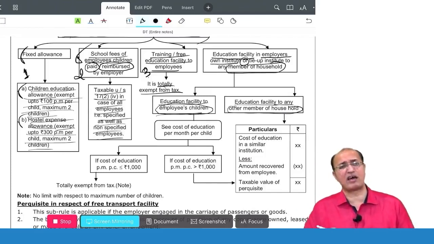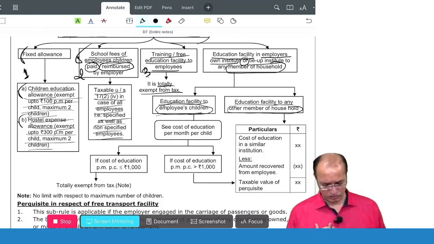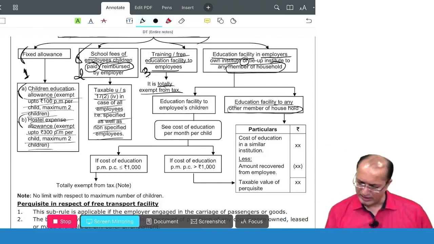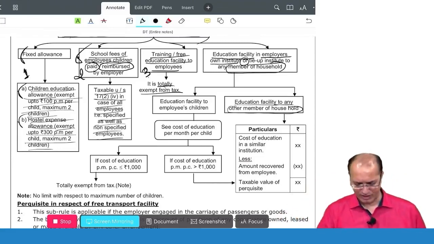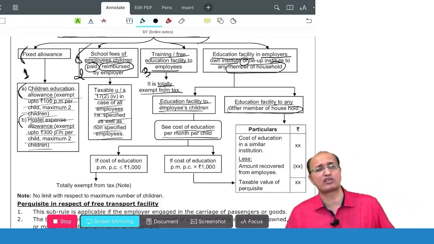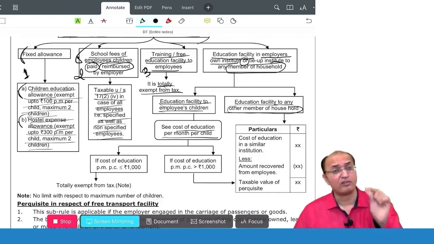For children, government is having some soft corner. So government has made some exemption rules. If the education facility is provided to employees' children in the employer's own institute or an institute with whom the employer is having a tie-up, then you see what is the cost of education per month per child incurred by the employer.